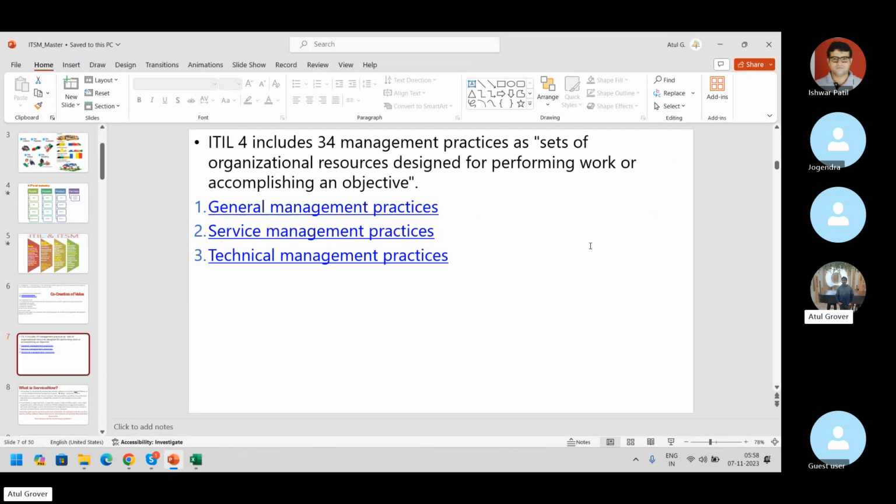Now ITIL 4 gives us 34 practices. A practice is a set of organizational resources designed for performing work or accomplishing an objective. Example, if there is any problem in the Java application, I'll go to the people who belong to the Java practice.